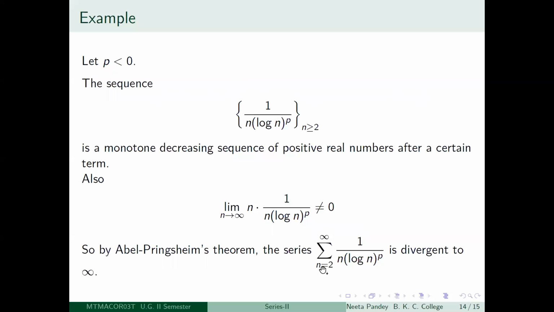That tells you that the series summation n equal to 2 to infinity of 1 by n log n to the power p is not convergent. If it were convergent, by Abel-Pringsheim's theorem this limit should have been 0. But this is not 0, therefore this series is not convergent. And since this is a series of positive terms, not convergent means it diverges to infinity.